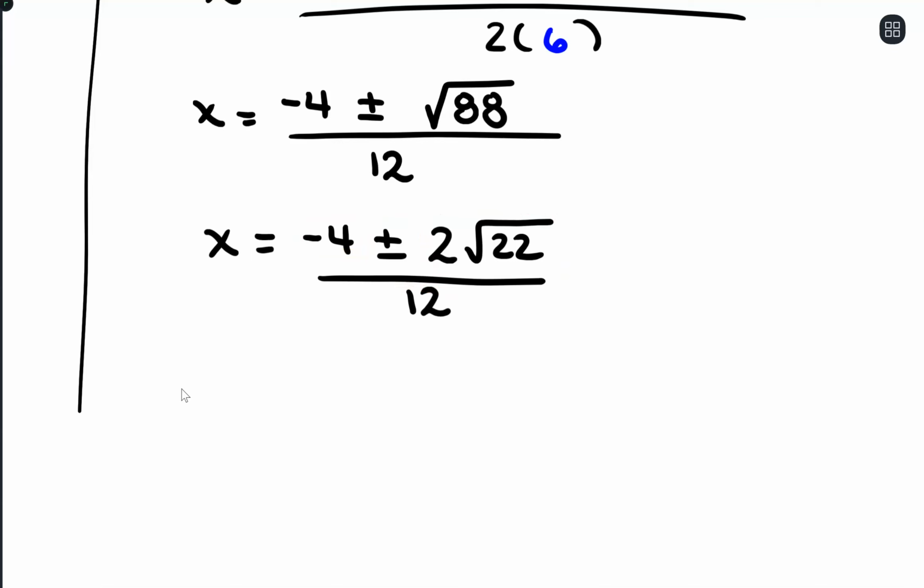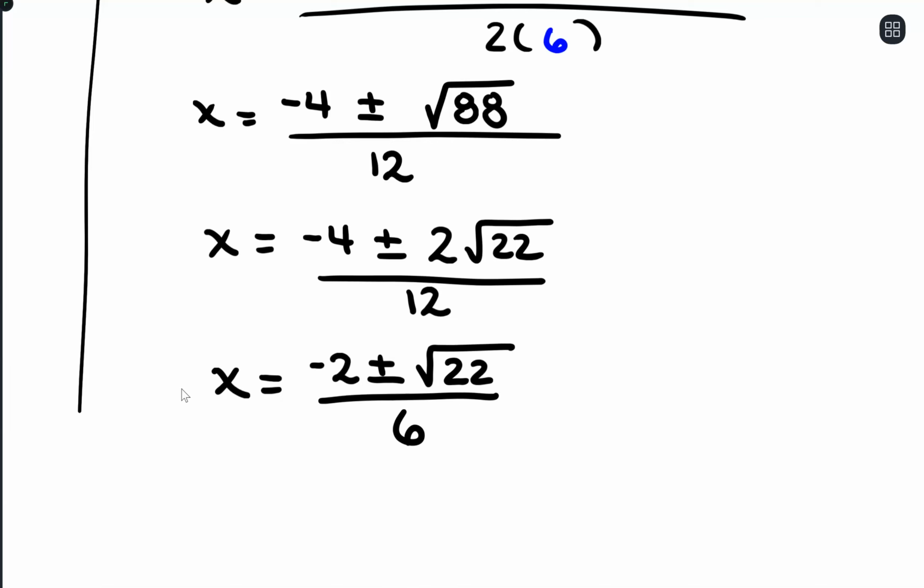If there's anything that divides into all 3 of those pieces, you can take out that common factor. So there's a common factor of 2 in each of those. So I can simplify this to, well, negative 4 divided by 2 is a negative 2, plus or minus, so 2 root 22 divided by 2 would leave us with just that square root of 22, all over 12 divided by 2, which is 6.